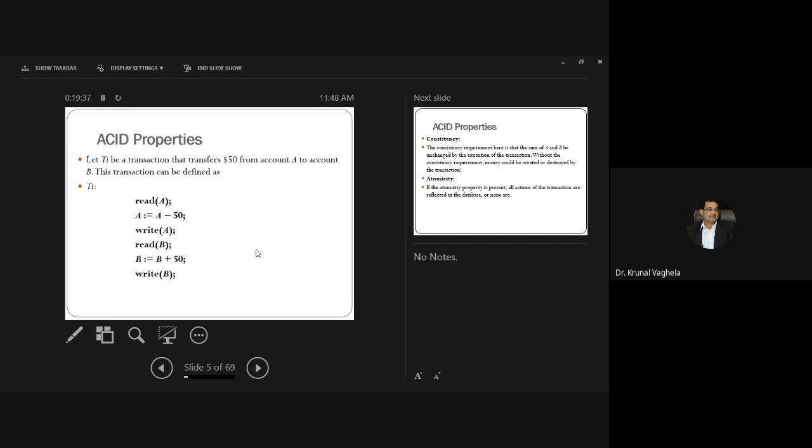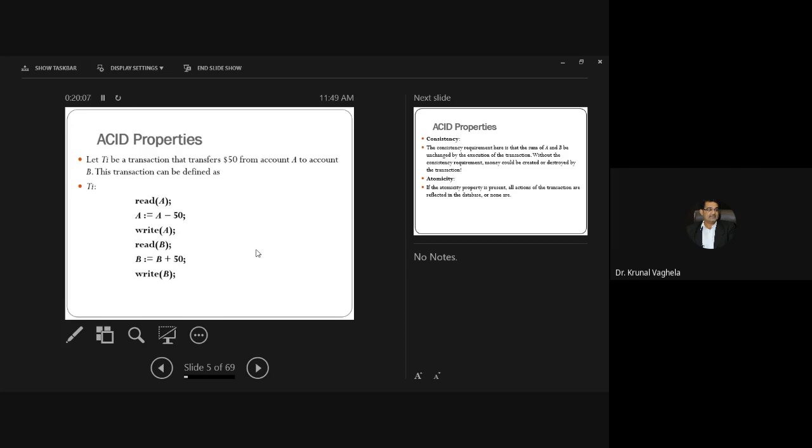Right, which is atomicity. Now consistency. Let me tell you the balance. Balance of A is 1000, balance of B is 1000. Both balances before the transaction are 1000. Now tell me, after the transaction, what are the balances? A is 950 and B is 1050. What is the total of A plus B before the transaction?